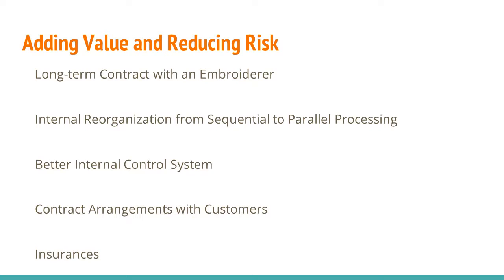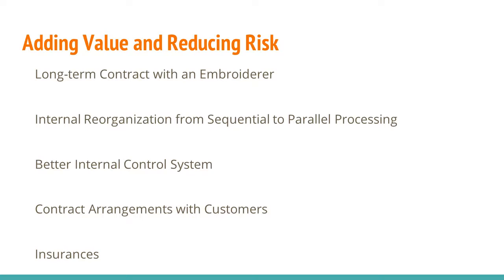Some of the ways that one could add value and reduce risks in the future would be to establish long-term contracts with an embroiderer, and this would earn him an advantageous position of having his orders prioritized with the embroiderer. He could put the embroiderer on retainership.